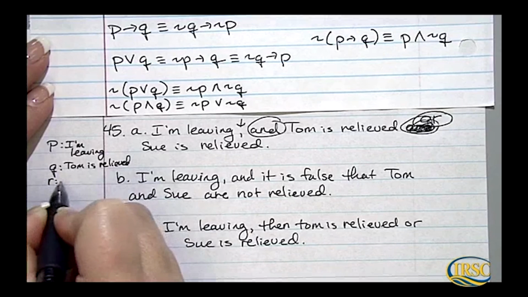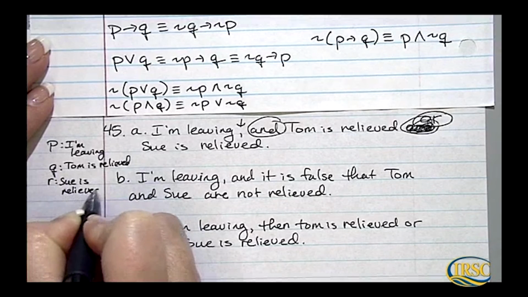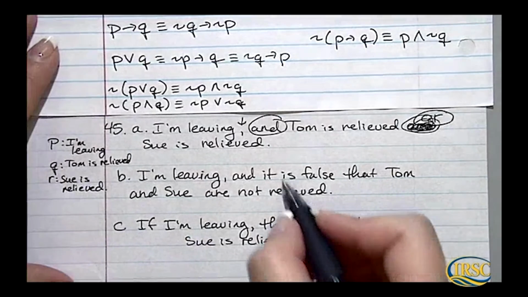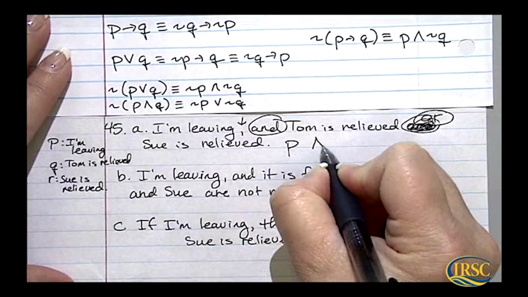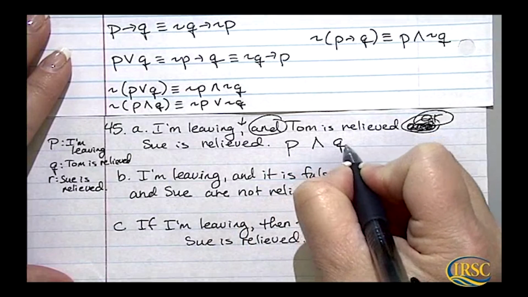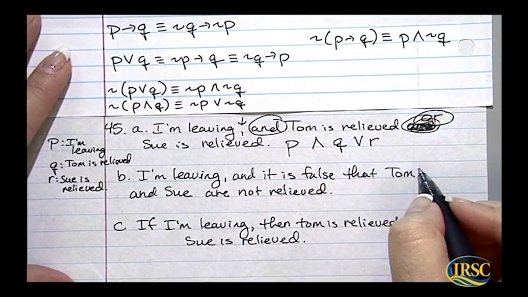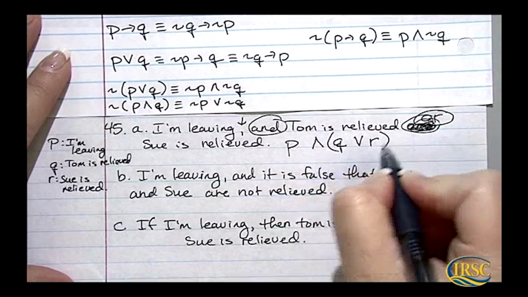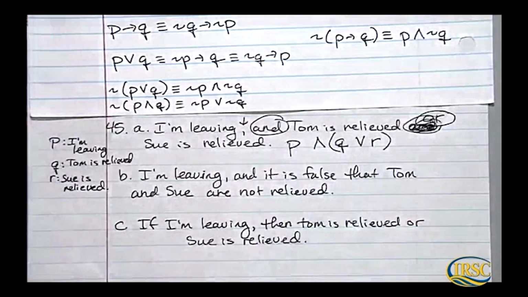R, Sue is relieved. Because none of these are negations of each other, I have three simple statements. Okay, so I'm starting out with P and Q or R. And I need parentheses around the second part because there's a comma right next to the and, so that's where it splits it.